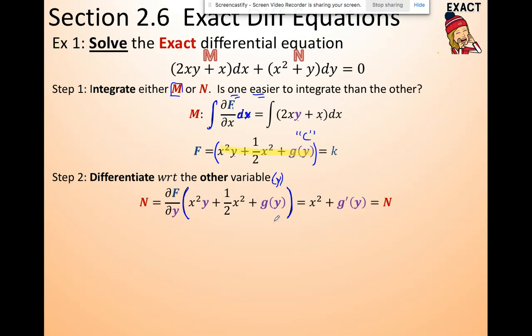Here's the expression I got for f. I want to take the derivative of it with respect to y. But remember, I already know what the partial of f with respect to y is. It's called n. I already know that. So when I took the partial derivative, which I got x squared, right, the coefficient on y, 1/2 x squared went away, and then g prime. When this expression is equal to n, but you know what n is.